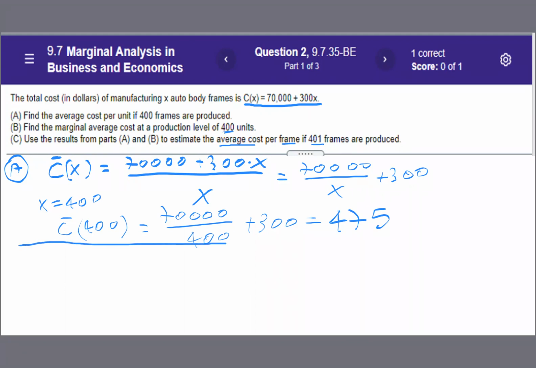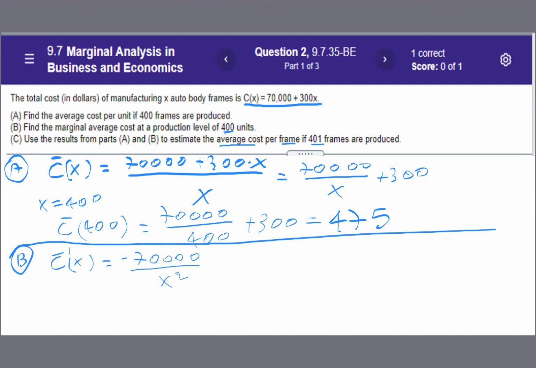Okay, in B, we're asked to find the marginal average cost. So first we're going to find the marginal average cost in terms of X. So as we did before, this is the first derivative function, which is negative 70,000 over X squared plus 0, because the derivative of the constant is 0.